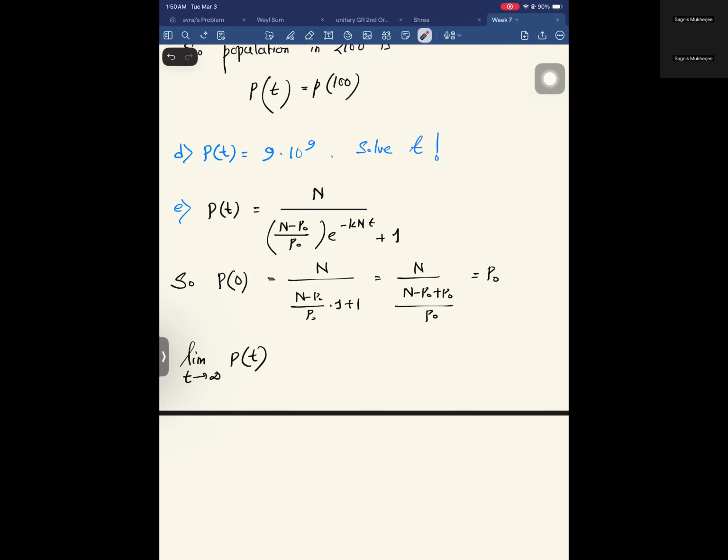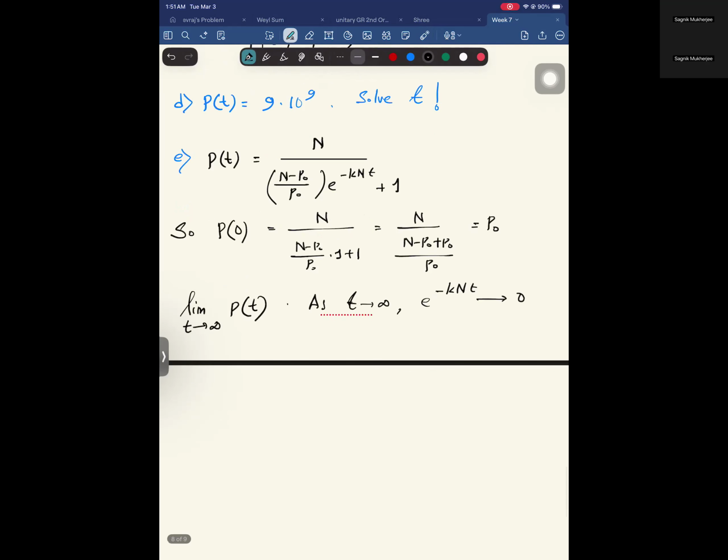As t goes to infinity, e to the power negative k n t goes to 0, because k and n are all positive numbers.